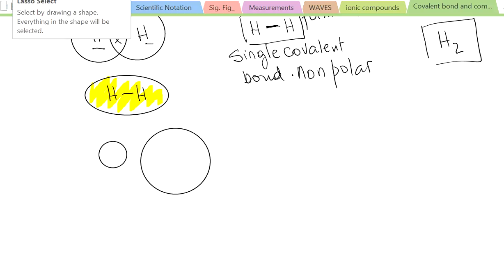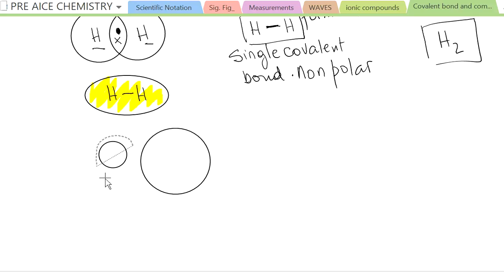I'm going to take this one and move it a little bit. There you go. So then we have the hydrogen here, which has only one electron, and the chlorine here that is going to have 1, 2, 3, 4, 5, 6, and 7.